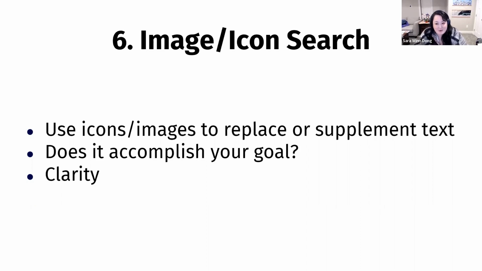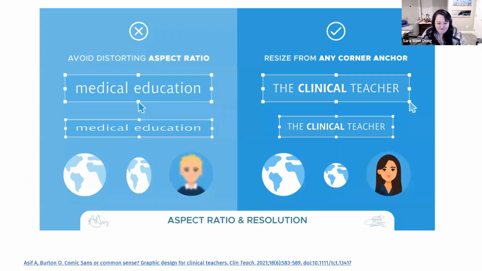And I would always make sure that the clarity of any icon or image in your graphic is as close to clear as you can get it, I guess I should say. This is from a really great paper that if you haven't checked out, I would highly recommend. It's quite short. It's called Comic Sans or Common Sense. But this is a really great example of thinking about clarity. And so generally, in infographic makers, they're made to take this headache out.